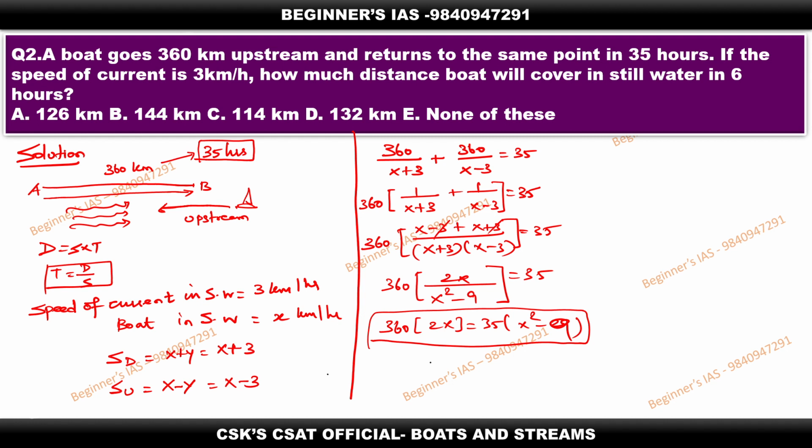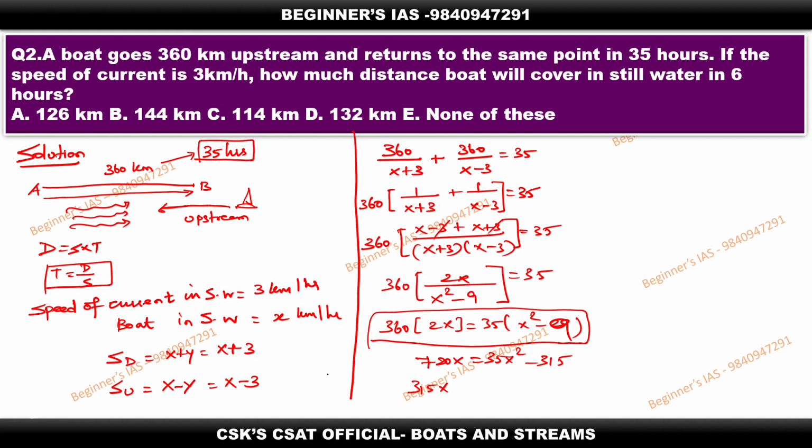So now listen carefully. Now you can eliminate. So here you can multiply, 720x is equal to 35x square minus 9 into 35, which is nothing but 315. Rearrange this one.